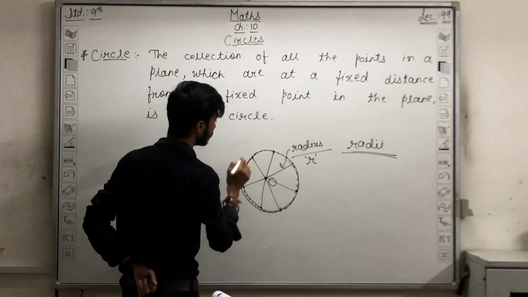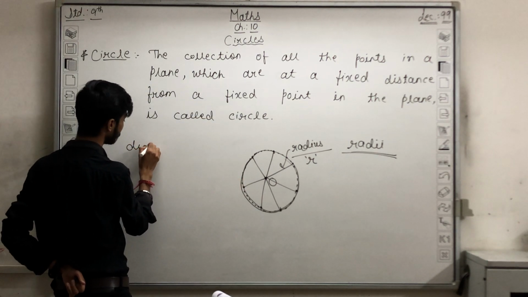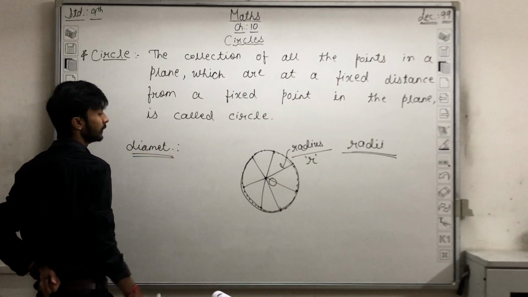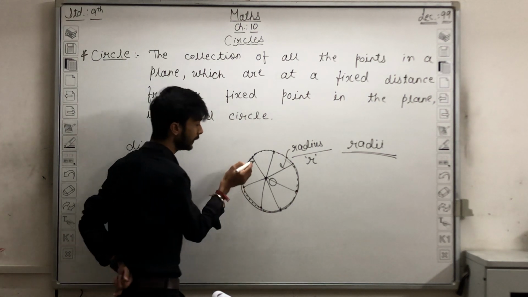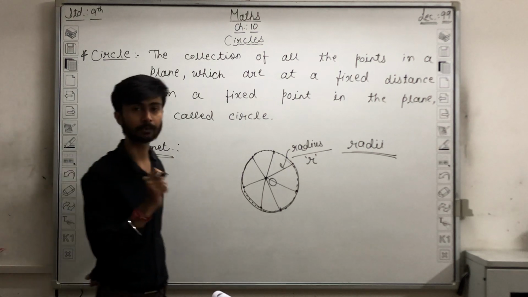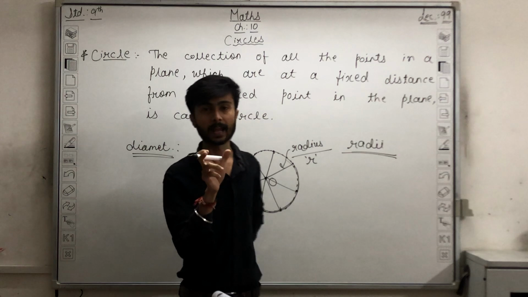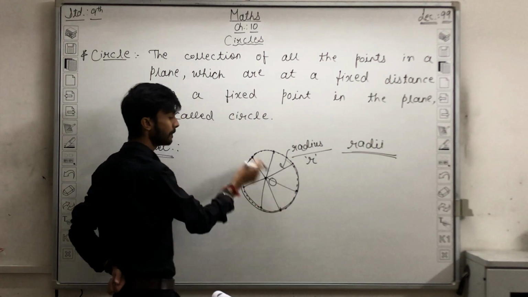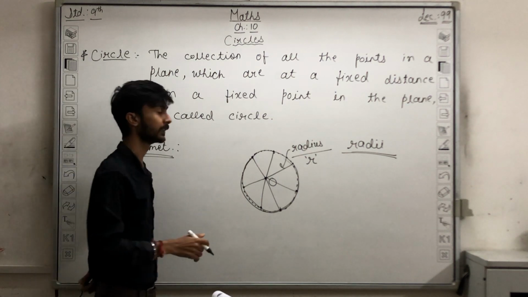Now let's talk about diameter. Diameter means twice the radius. A diameter is a line segment whose two endpoints are on the circle and which passes through the center of the circle.